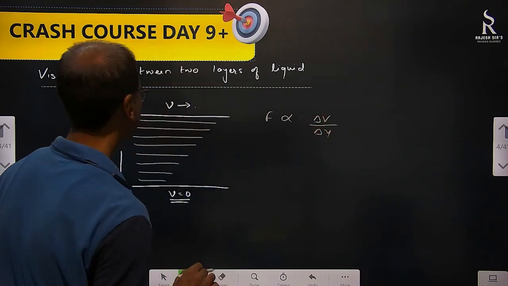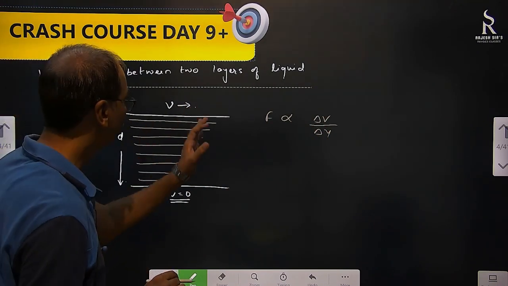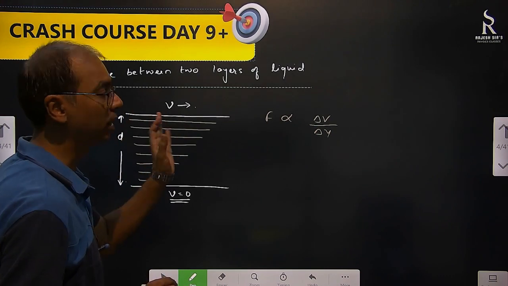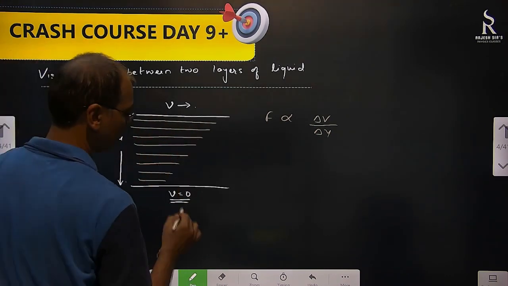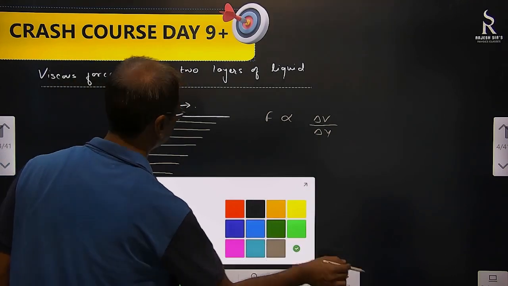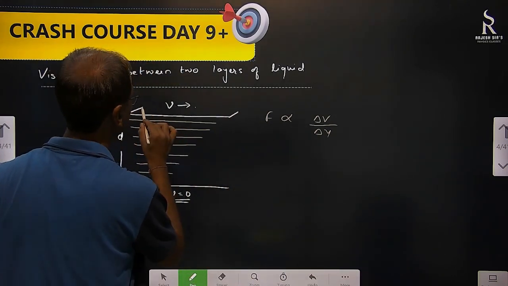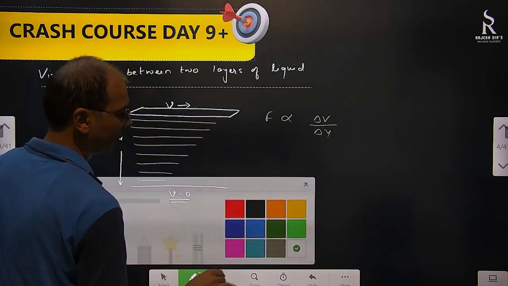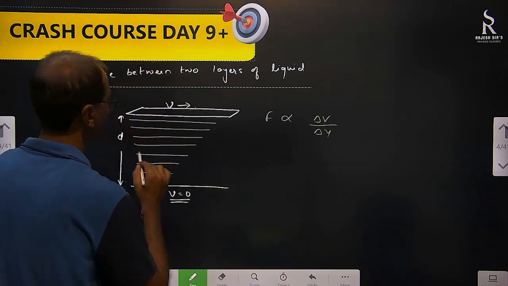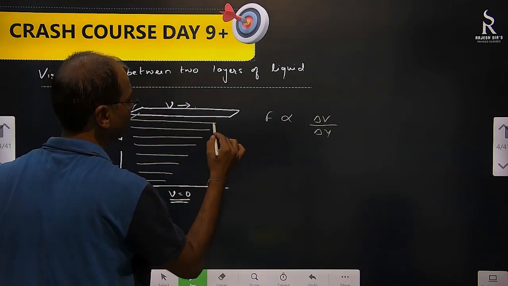And this is also proportional to area, because the more the area of these layers, the more particles will be in contact. Suppose the upper layer is like this, this is the area, and the lower one I'll also make. I told you that this is velocity actually, but let's assume that.